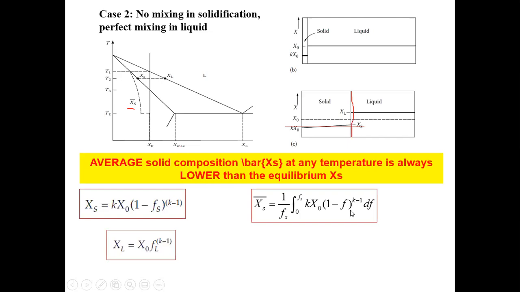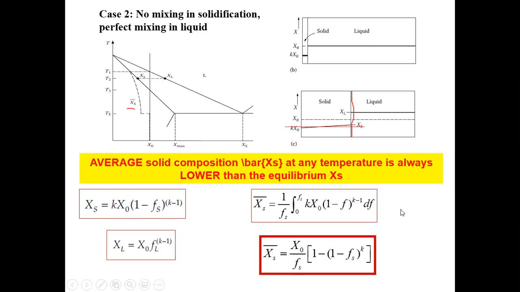So you have a power function, and you want to integrate it, which is very doable. From calculus 101, we can easily compute this average composition as a function of fs. It's given by this expression. Mathematically it might take some effort, but it's quite straightforward to simplify this integral, and you get this average.